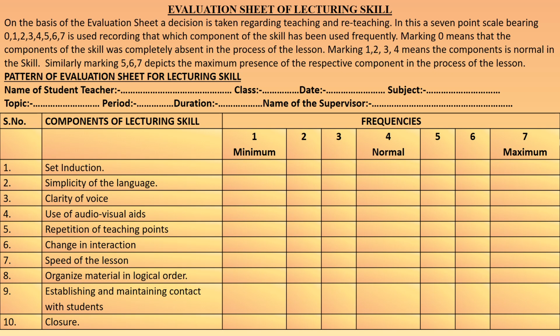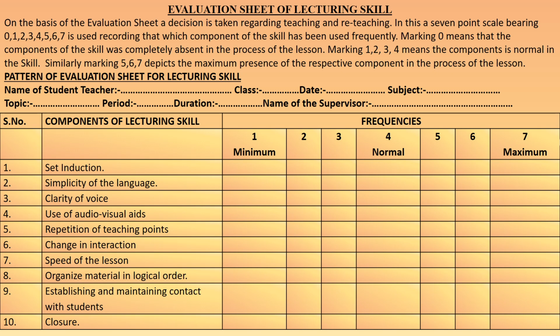After writing the preliminaries, the evaluation sheet will be divided into 5 columns. In the first column, the serial number will be written. In the second column, the components of the lecturing skill in micro teaching will be written.